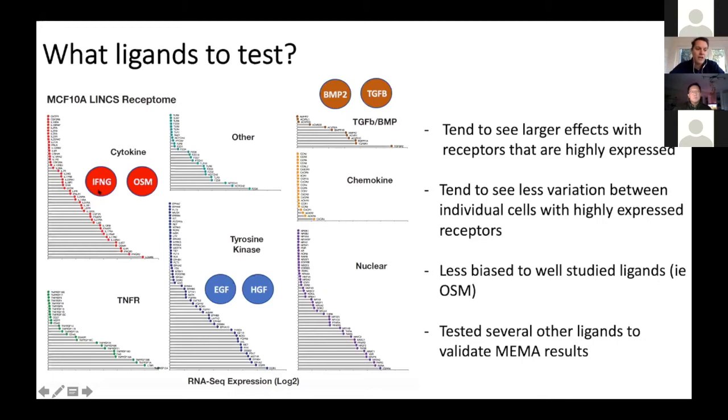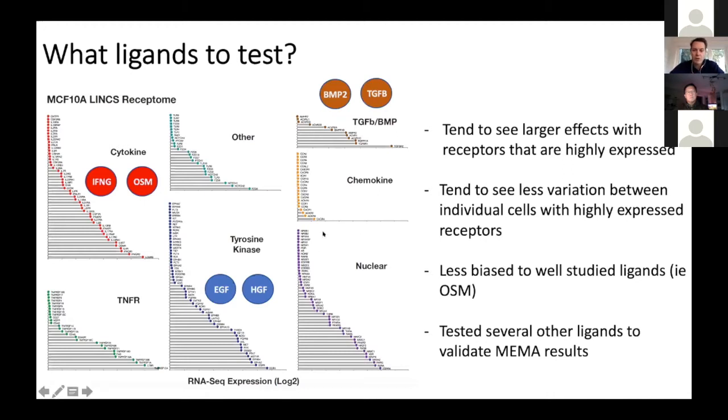So interferon gamma historically activates more STAT1, whereas oncostatin M is thought to activate more STAT3. EGF tends to activate ERK a little bit more than AKT, whereas HGF tends to sway in the opposite direction. Likewise, with BMP2 and TGF-beta, BMP2 tends to activate SMADs 1, 5, and 8, whereas TGF-beta are SMADs 2 and 3.